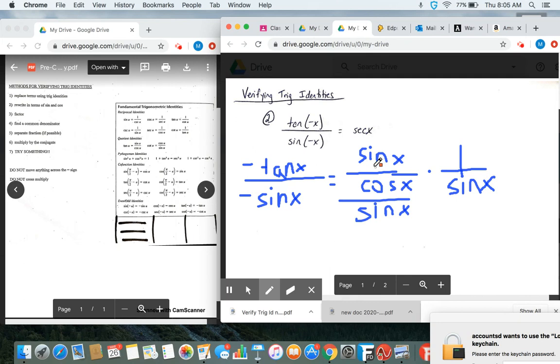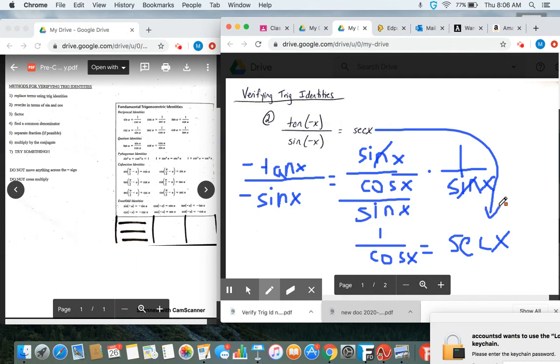I can cancel these out. I'm left with 1 over cosine x, which is the reciprocal for secant. And that's what we needed to get. All right, so there's the first example, using co-function.